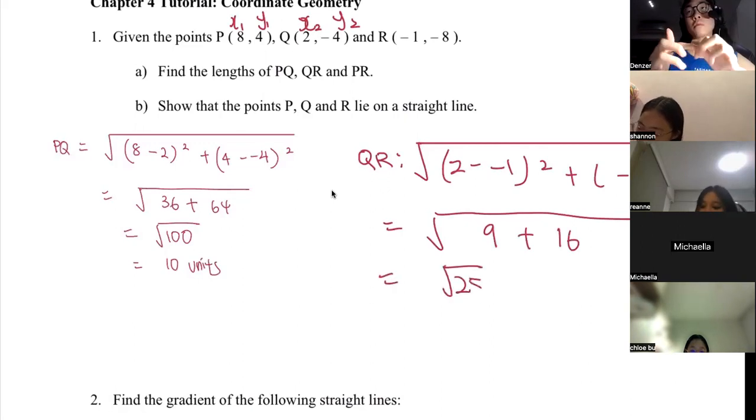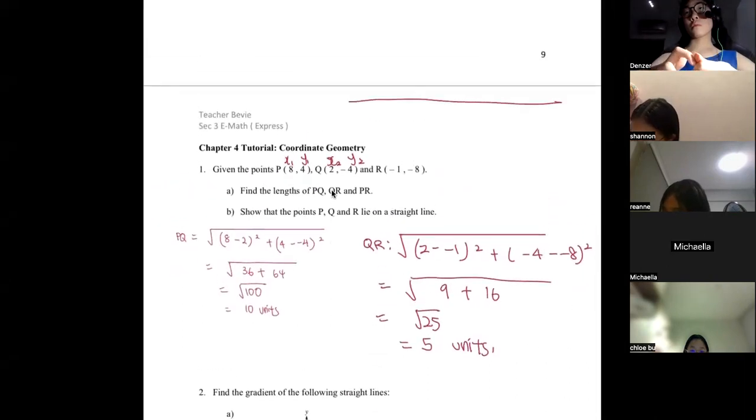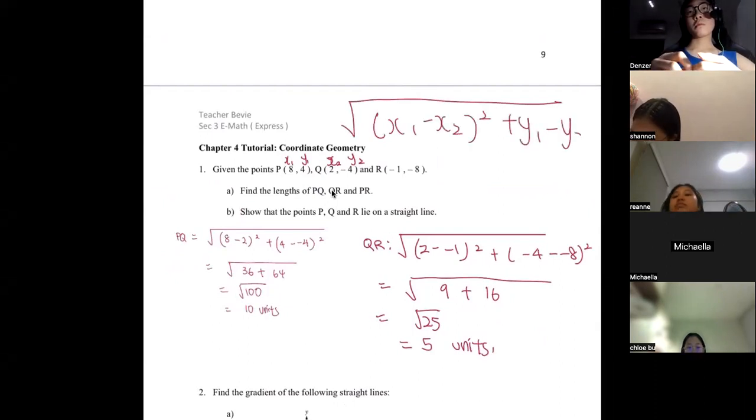So this is 25, which gives me 5 units. For those who are late, the formula of length is X1 minus X2 square plus Y1 minus Y2 square. Basically X and Y are just coordinates. Nothing much.